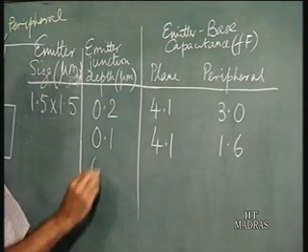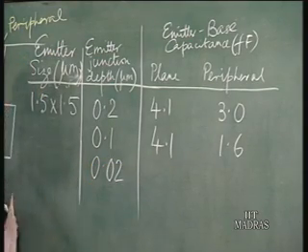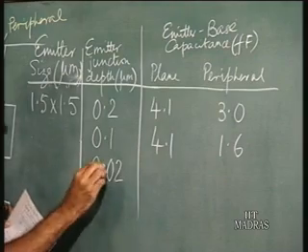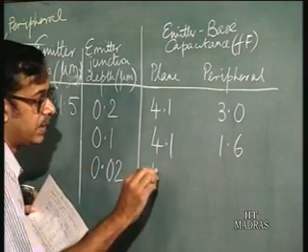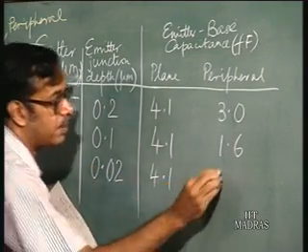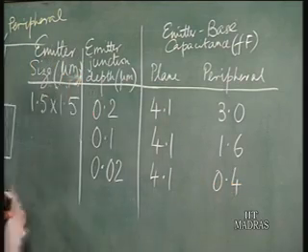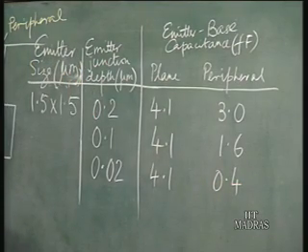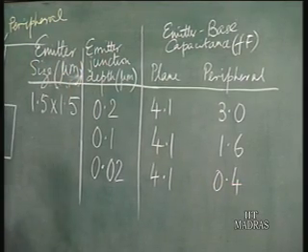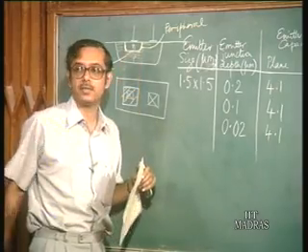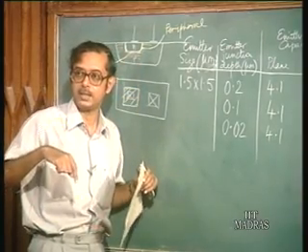If you reduce the junction depth even further to 0.02 micron, this one remains unchanged, whereas the peripheral part becomes 0.4 femtofarad. Is it clear? Because the junction depth reduces, the area of the peripheral part is basically reducing.